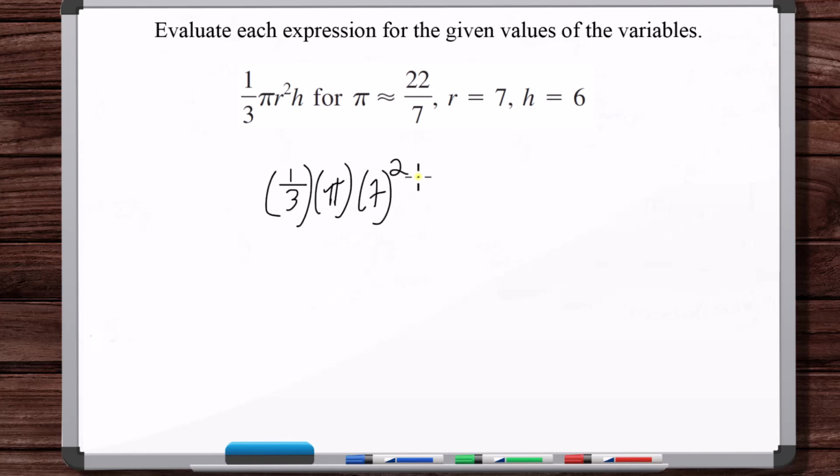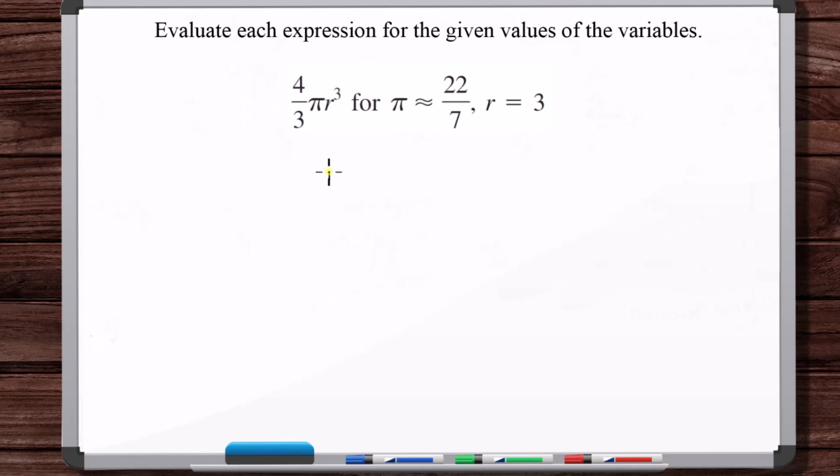Now replace the h with a 6. All right, so 1/3 pi times 49 times 6. Now 6 divided by 3 is 2. 49 times 2 is 98. So we've got 98 pi.